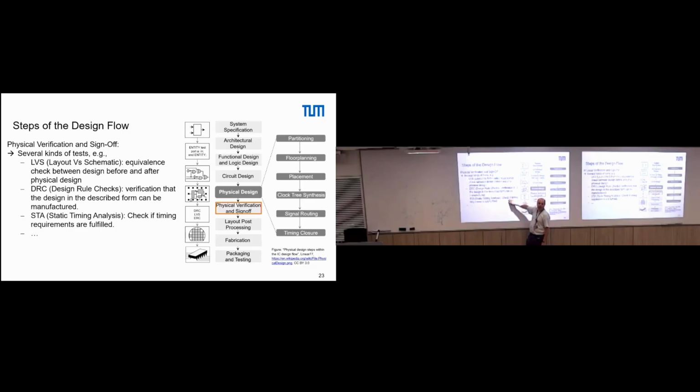Then I continue here. You may have the case that you initially thought your design would be okay from the timing perspective. So you have a target frequency and you think, okay, that should work out. But after the placement and routing, you suddenly get long wires. You suddenly have a longer critical path, also a longer runtime from one register to another register, than what you are allowed to have for a specific frequency.